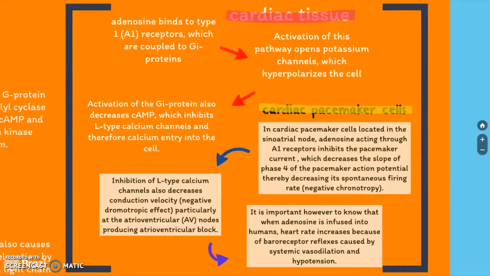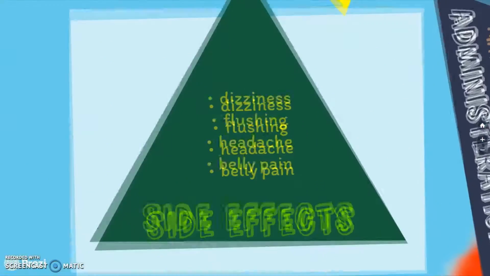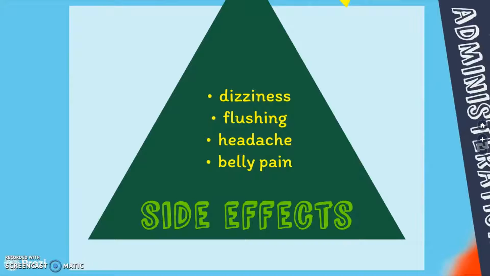It is important, however, to know that when adenosine is infused into humans, heart rate increases because of the baroreceptor reflexes caused by systemic vasodilation and hypotension. The side effects associated with the prescription of adenosine include dizziness, flushing, headache, and belly pain.